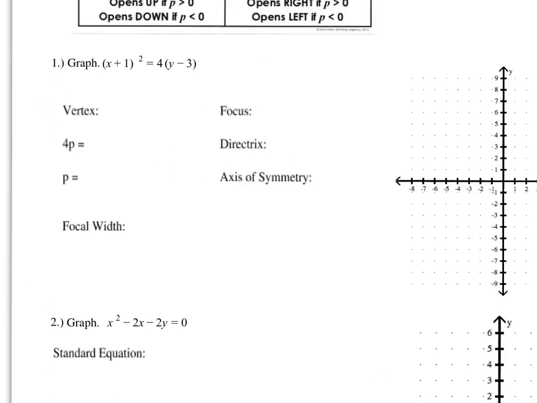So for number 1, it says graph (x plus 1) squared equals 4(y minus 3). On the left-hand side it's x plus 1 squared, so x is being squared, and I know this is going to be a vertical parabola.